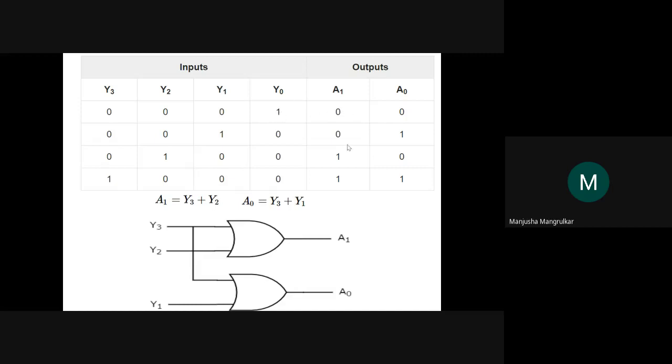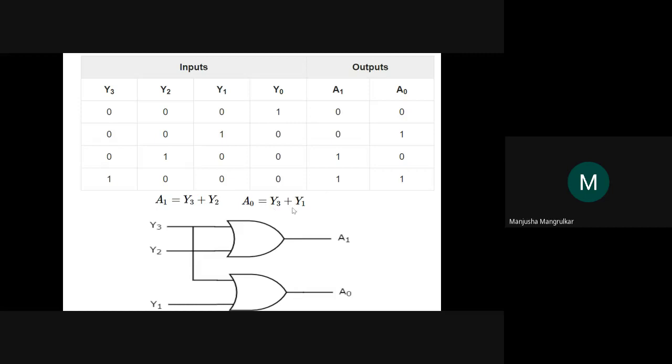Baki rest all are 0. These two are 0, these are 1. These two 1 we will consider Y2 and Y3, Y2 plus Y3. This is 1 means Y1, and this is 1 means Y3. So what is our A1? Y3 plus Y2, and A0 is Y3 plus Y1.